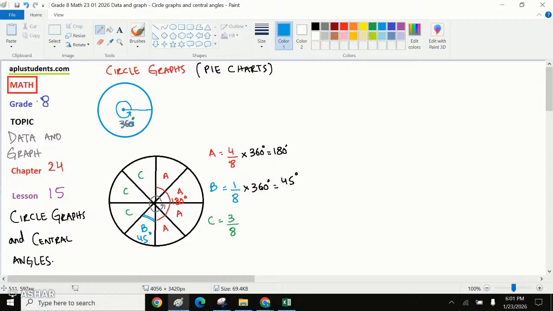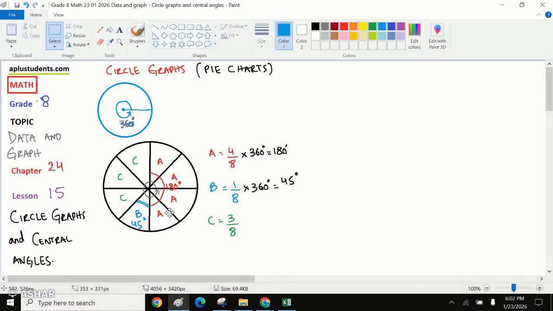We can find the value of C, but what we can also say is we know that the sum of any angles in a circle would always be 360, right? So we can also say that A plus B plus C would be 360. Agreed? We know the angle for A, that is 180. The angle for B is 45.